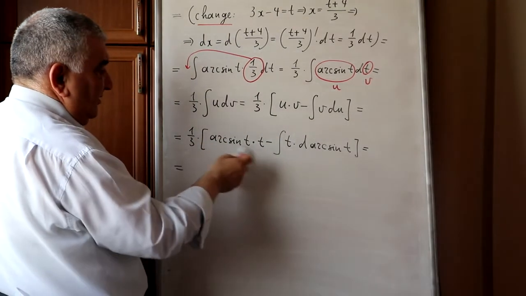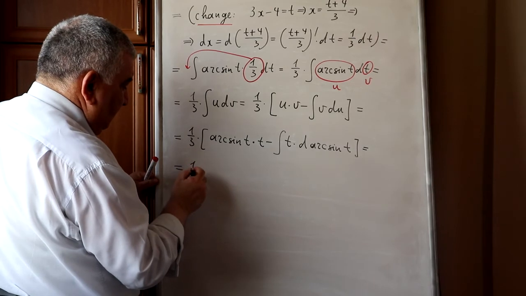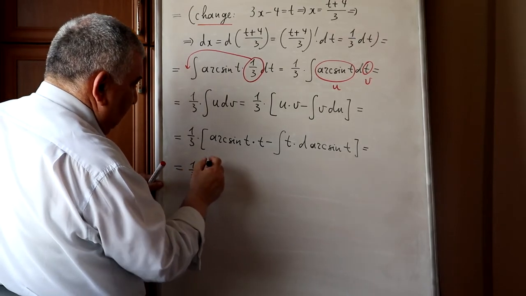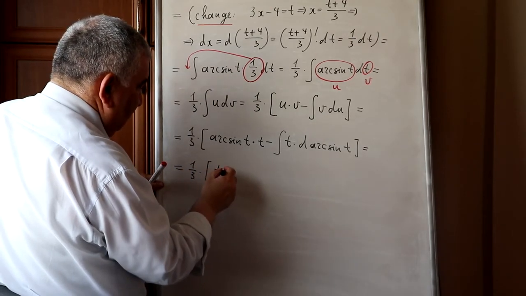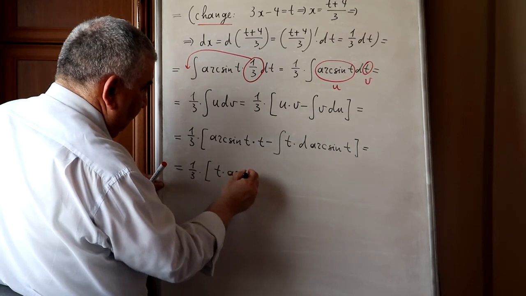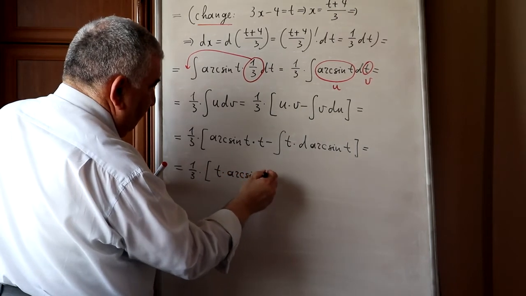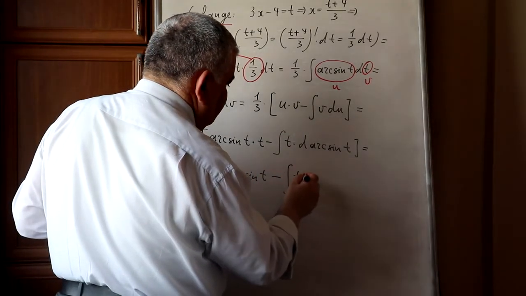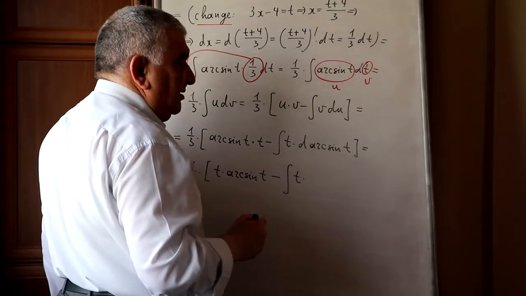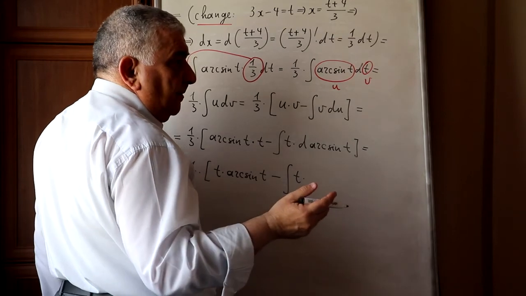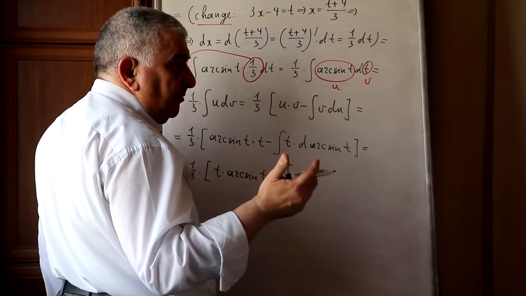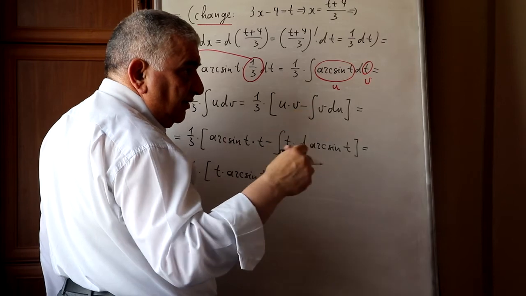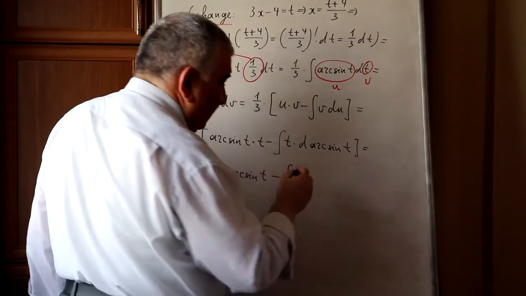Change the places of these factors. 1/3 multiplied by t multiplied by arcsine t minus the integral of t multiplied by the derivative of arcsine t multiplied by dt. The derivative of arcsine t is 1 over the square root of 1 minus t squared.